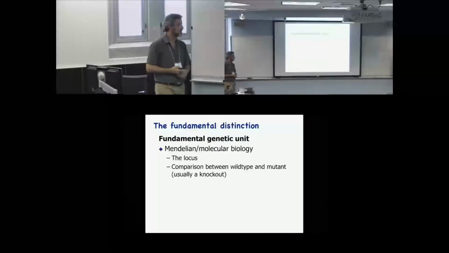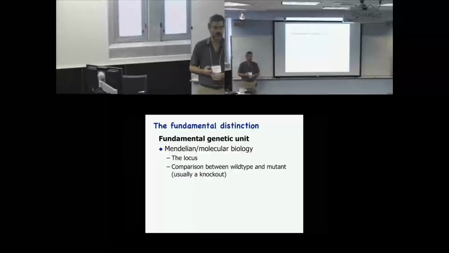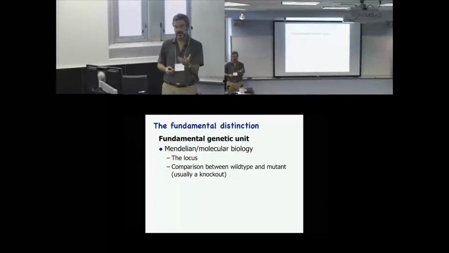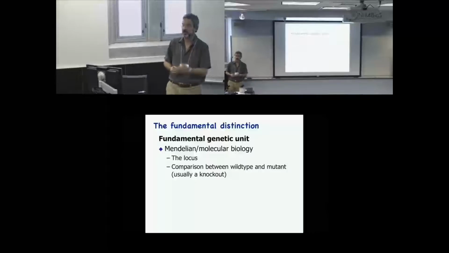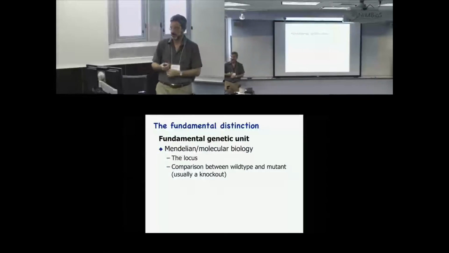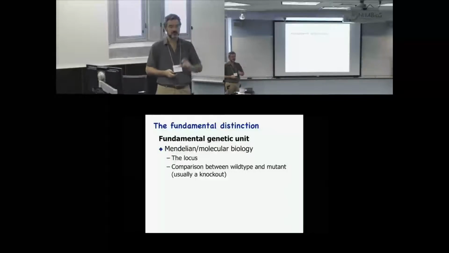In this tradition of Mendelian and molecular biology, the fundamental genetic unit is the locus, that is, the gene. And that comes from a more or less typological way of thinking that there's a wild type, or now we have the reference genome, and that other things are mutant from that state, okay? And so because of that, you can say there is a gene for X or whatever.